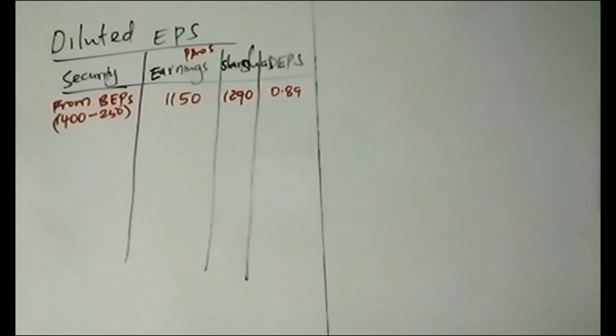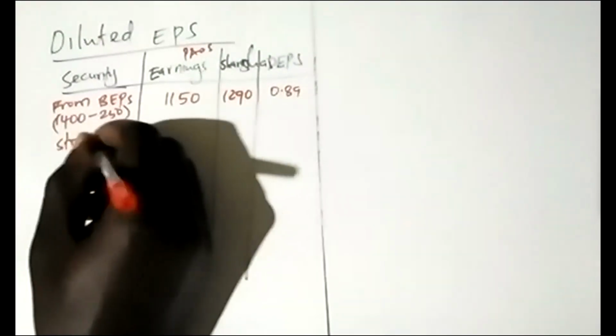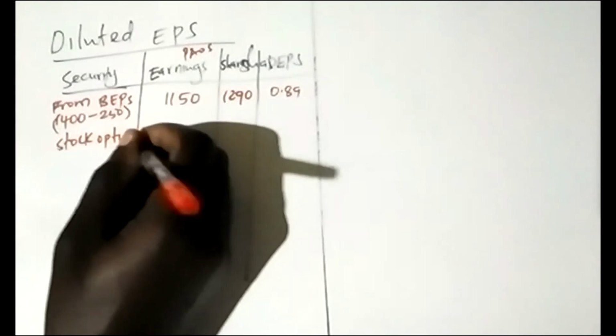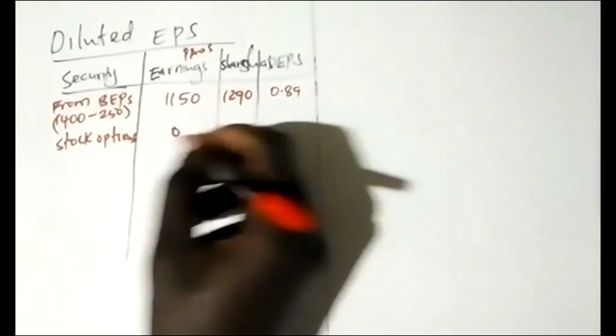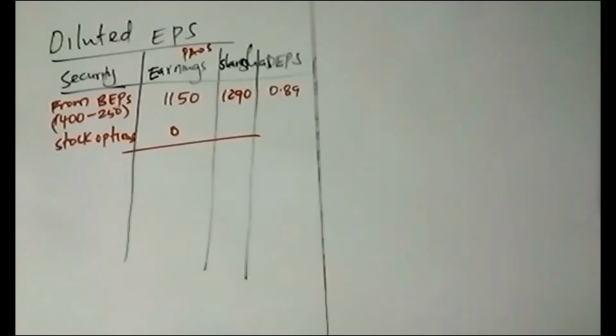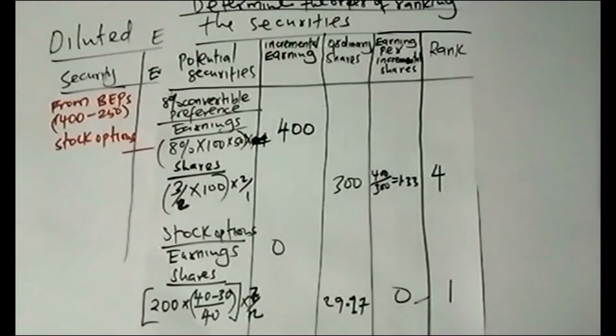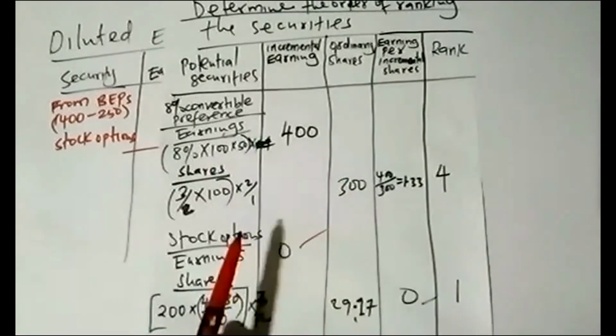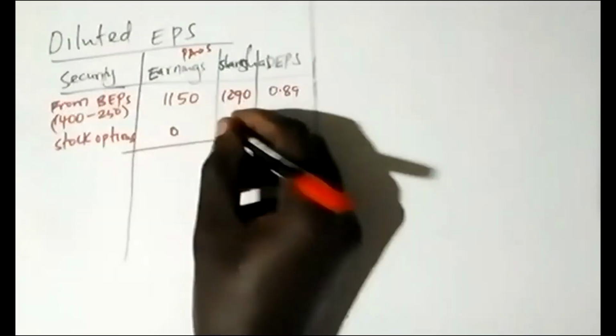Then you pick now the security which we ranked as the first one. I remember it was stock options, with the earnings being 0. Then the shares were 29.17.